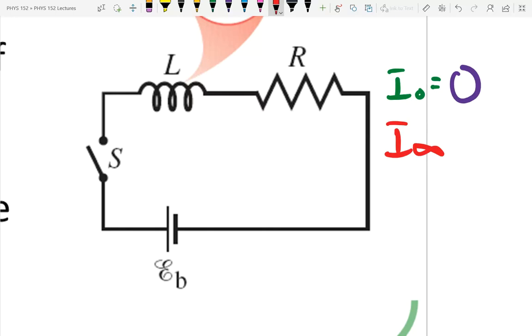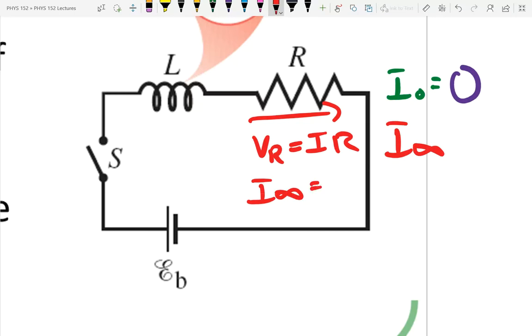Hence, all of your voltage drop is across the resistor, and so VR is equal to IR. That means I infinity is equal to the voltage of the battery over R. So that's the first one. That's what the current will be after a very large amount of time.